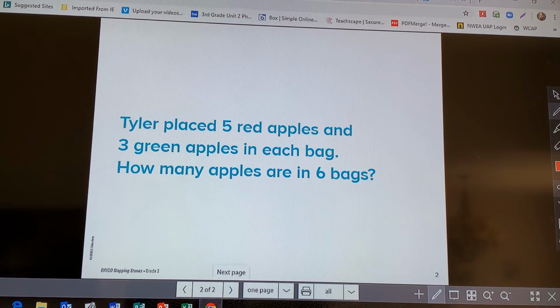So if we were to write this as an equation, we would write (5 + 3) times 6 equals our grand total. Now why is it? Because each bag has a total of 5 apples and 3 apples in them, right?